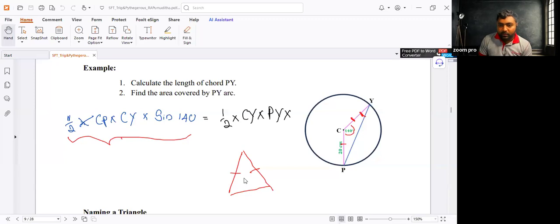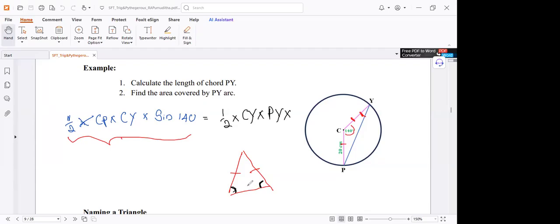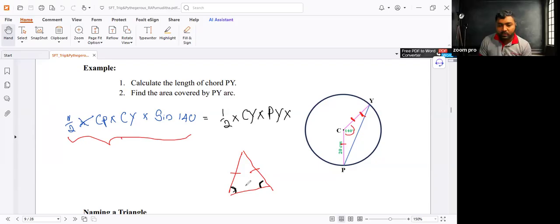In this triangle, what can you say about these two angles? These two angles are equal.